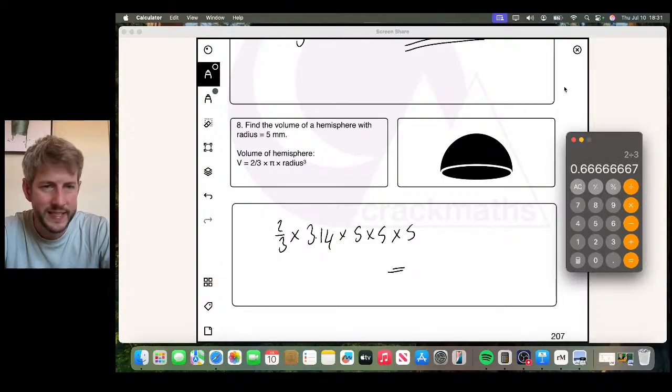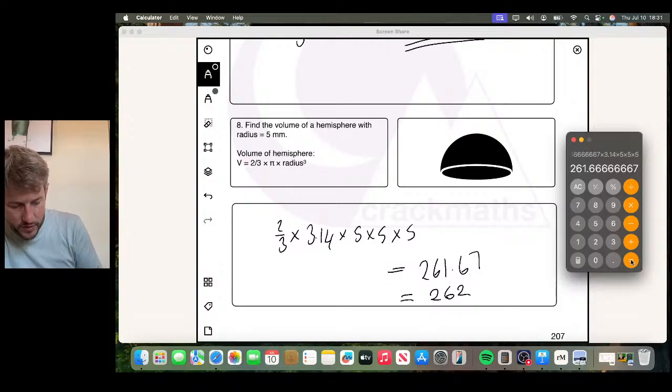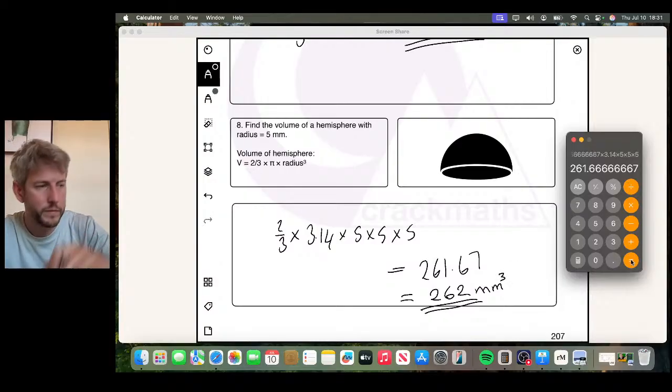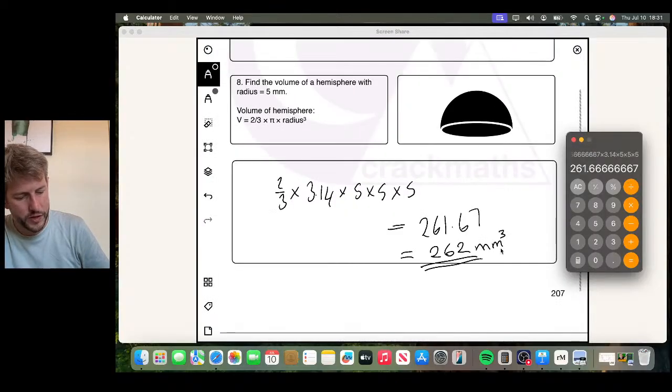Press equals there to get that stored, and then we can times that by the 3.14 times 5 times 5 times 5. Here we go, and that's going to give us 261.67, but actually this is all to nearest whole number, isn't it? So that's going to be 262. And that is going to be millimeters cubed. Just check. I haven't dropped anything. Yeah, there we go.